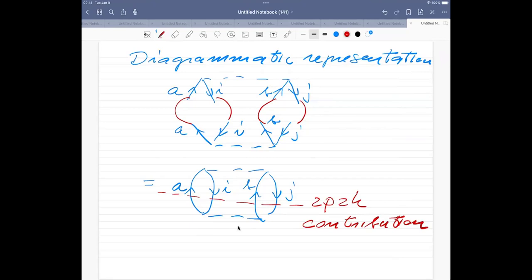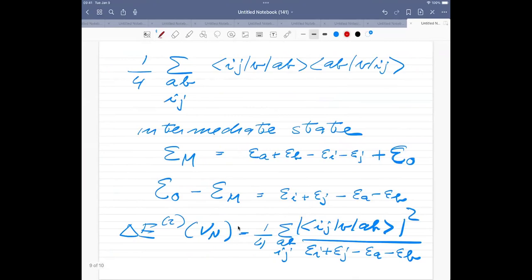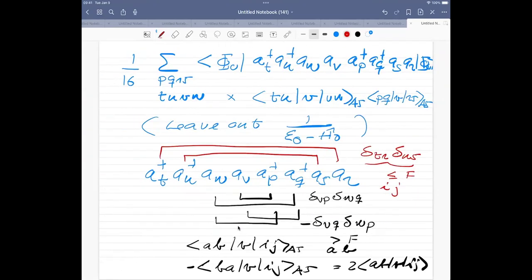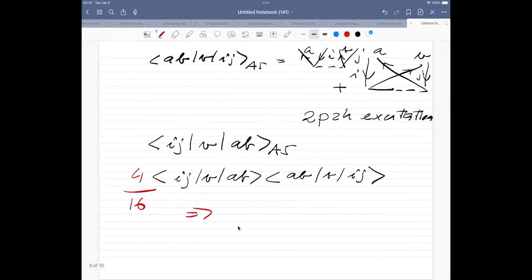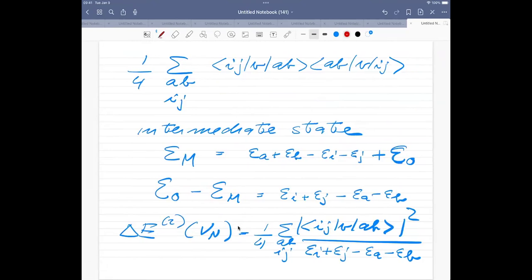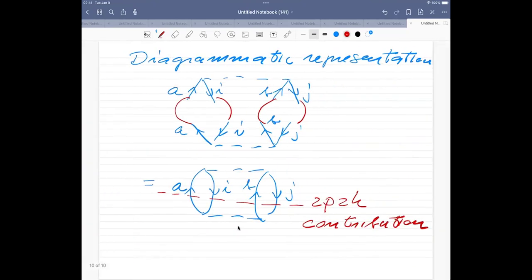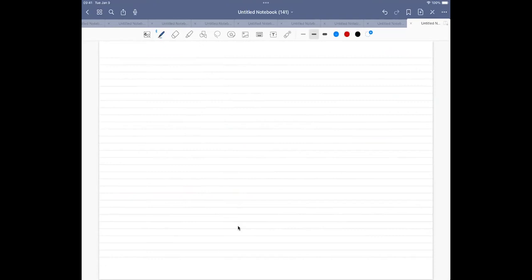Now, if we look at the other contractions, it's pretty obvious that there are three more, if we just look at the contractions which we did here. So that means that we will have three more diagrams. Let's look at these diagrams as well. One of the diagrams which we would end up with is the following, because then we interchanged A and B in one of the vertices.